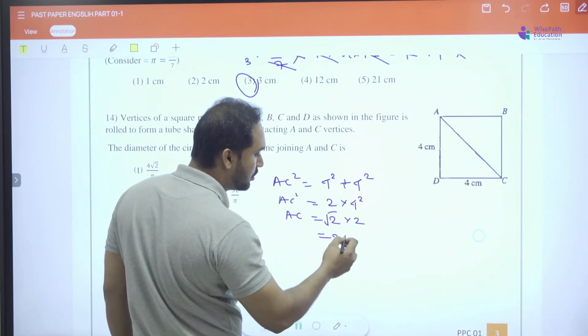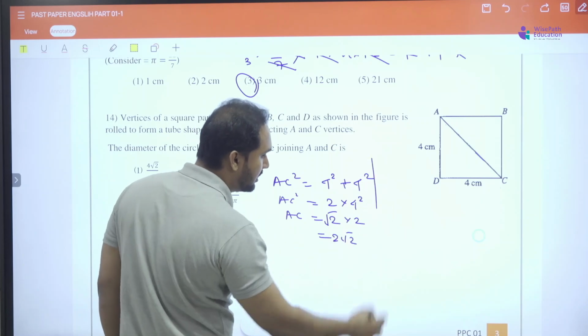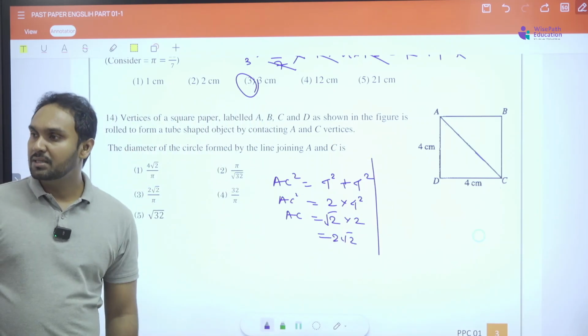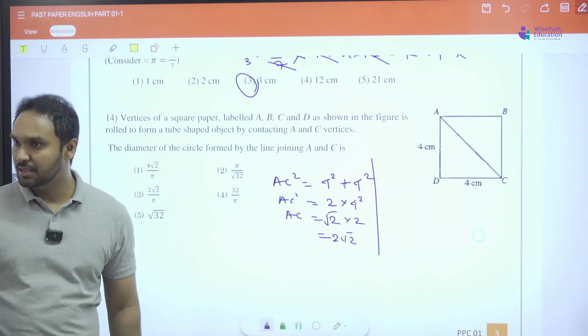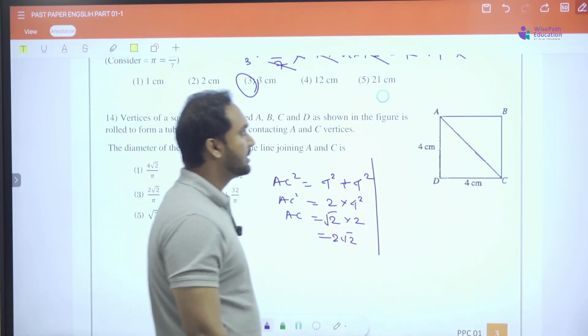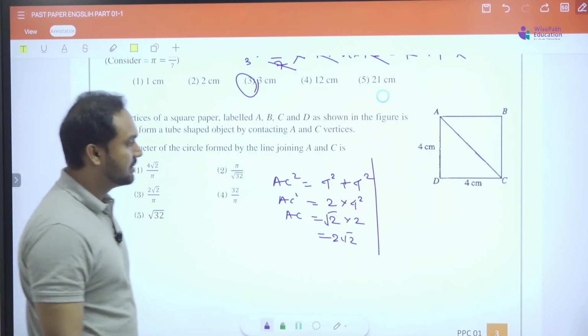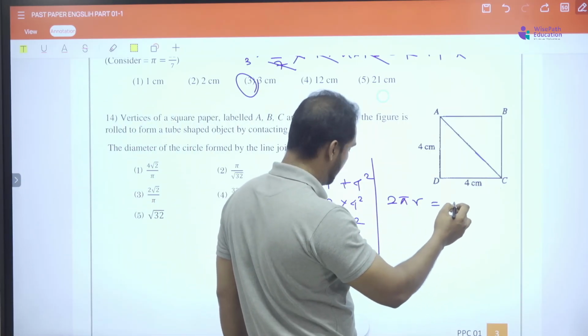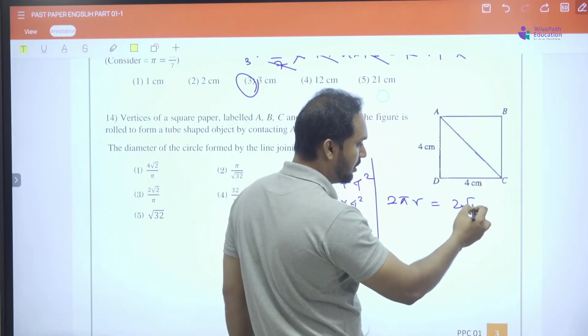So the answer is 2 root 2. That is the diagonal AC. Now this 2 root 2 becomes the circumference of the circle. So you put 2 pi r, the circumference of the circle. Pi is unsimplified, so 2 pi r is equal to 2 root 2.